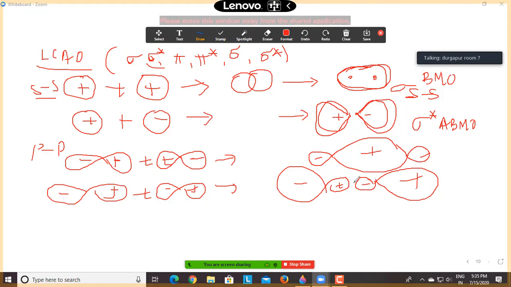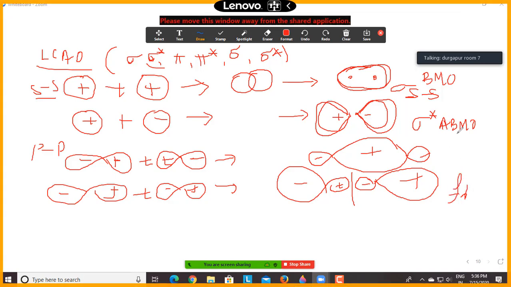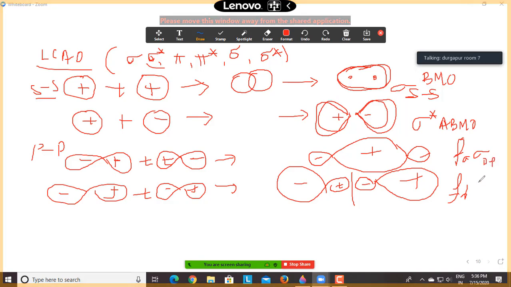So after mixing, there will be a gap between them because the force of repulsion is dominant. This is force of repulsion dominant, this is force of attraction dominant. So when two orbitals overlap, attractive force may be dominating or repulsive force may occur. So they will give you sigma bonding orbital for p-p or sigma anti-bonding orbital for p-p possible.